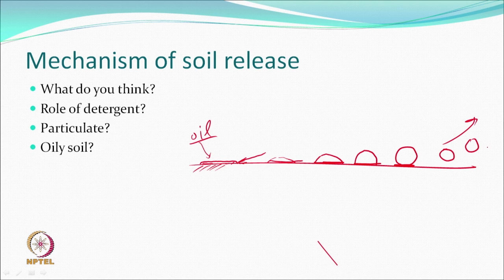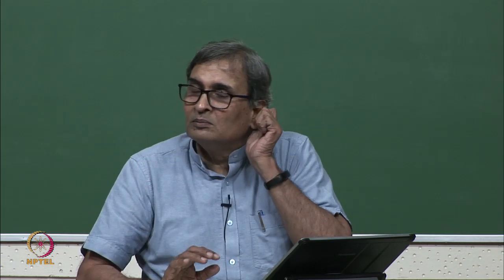So, this is the mechanism with which oily soil, meaning oil plus any other thing it has, will keep on rolling out. This is called the roll off mechanism.